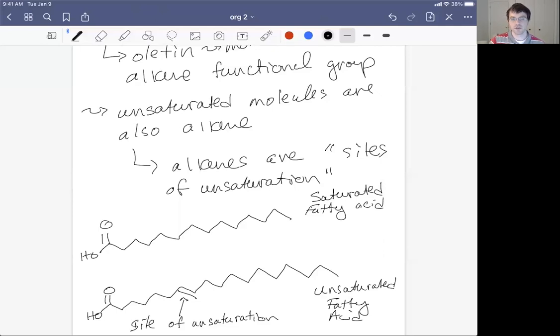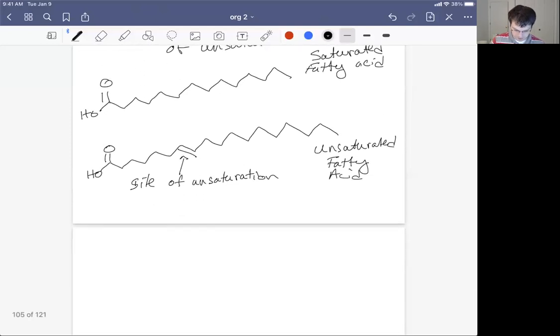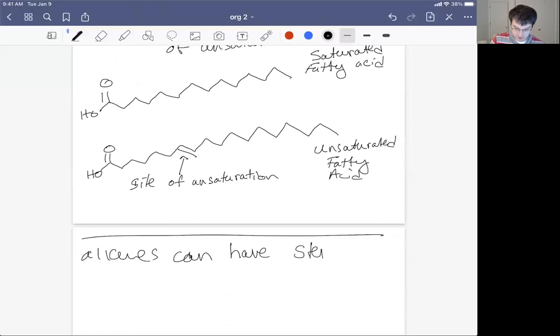Okay, so it turns out that alkenes have an opportunity for stereoisomerism. So alkenes can have stereoisomers. And these are, I would say technically, diastereomers because they're non-mirror image stereoisomers, but another common approach would be to call them geometric isomers.